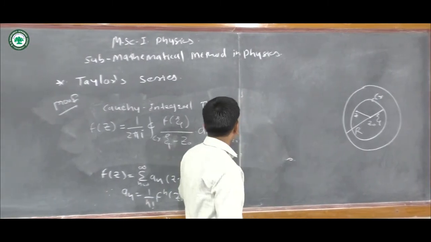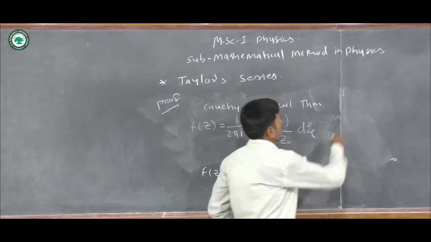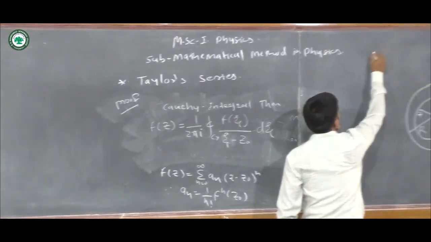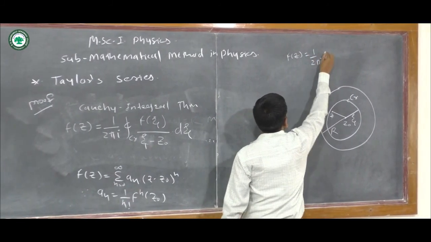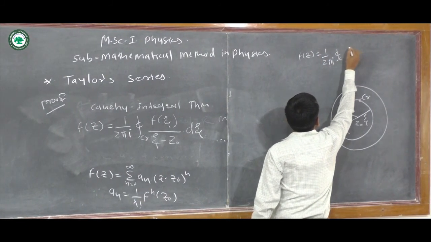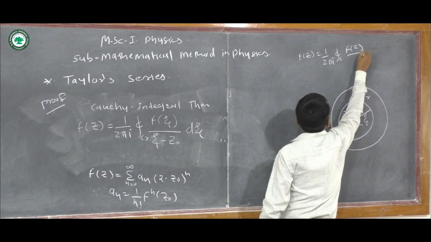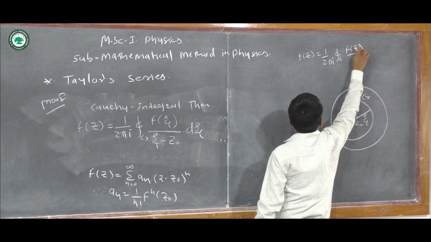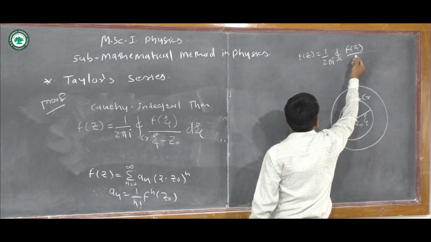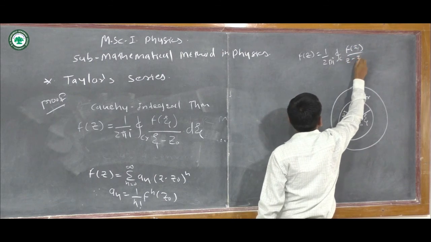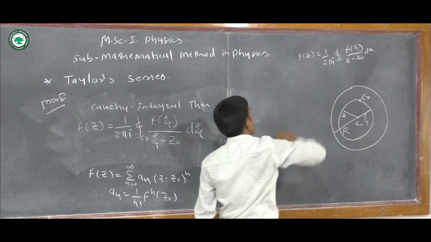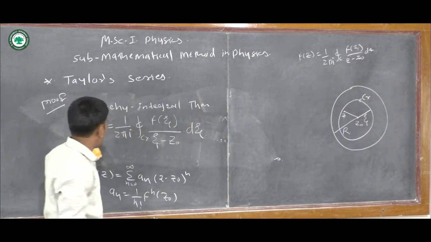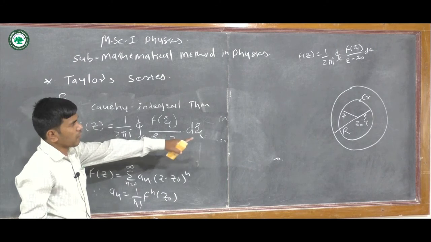I write this expression by using the Cauchy integral formula. We know the Cauchy integral formula is f(z0) = 1/(2 pi i) closed integral of f(z)/(z - z0) dz. From this I can write the expression for this case.